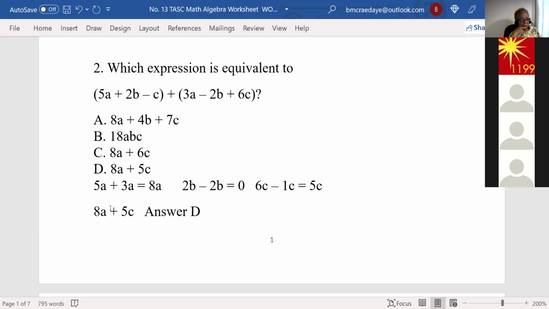All of your A terms, 5A plus 3A is 8A. B terms, 2B minus 2B is 0. C terms, minus C plus 6C, or 6C minus 1C, is 5C. And so you have 8A plus 5C, answer D.